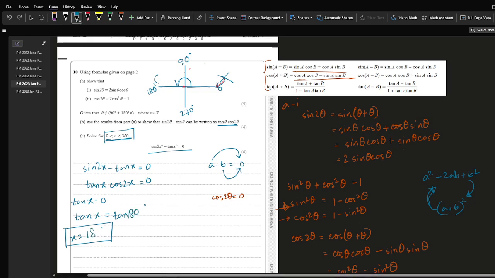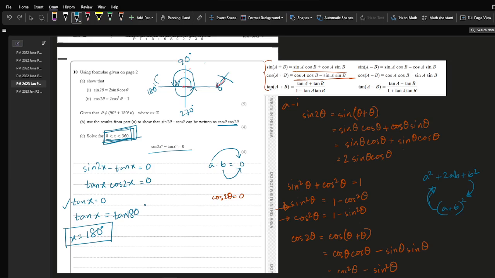My brain's not working today, I'm extremely sorry for that. The next one would be 360, and then the next one would be 360 plus 180. You will get tan theta equal to 0, but none of those are in this region. In this limit, the only thing we get is 180 degrees. So we are done with tan x.